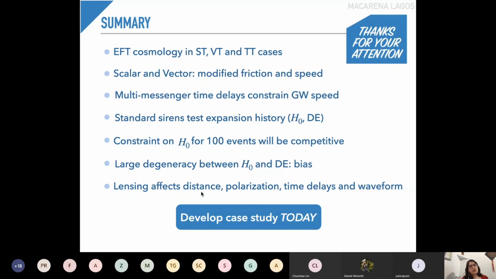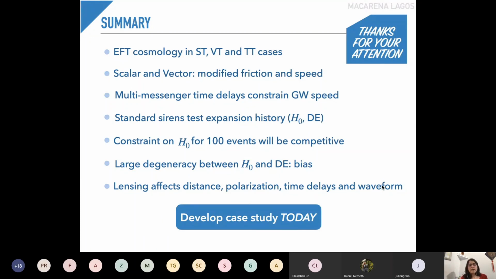And actually, they could change all their properties about your gravitational waves, not just the overall amplitude. They could also change the polarization. It could change the time delay between light and gravitational waves, and overall just the phase evolution of your waves.